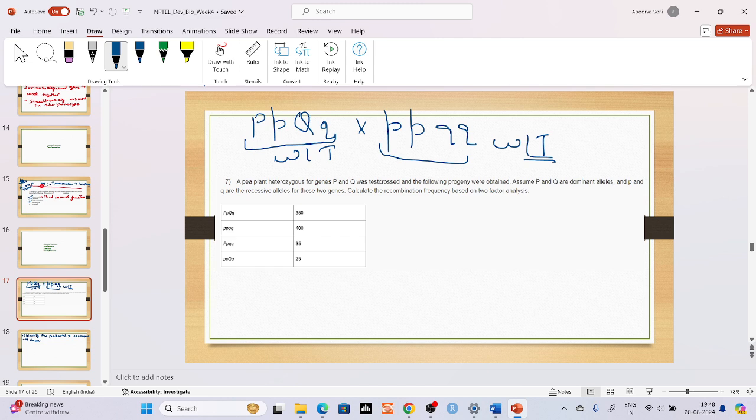Now through this table, how can we identify? Last time also I told you that the classes which have the highest numbers of individuals or plants, those are the parental classes. So from this table, immediately you can tell these two are the parental classes, and these two are the recombinant classes.